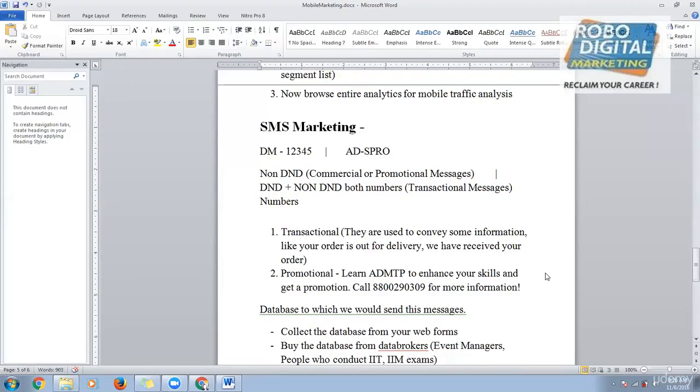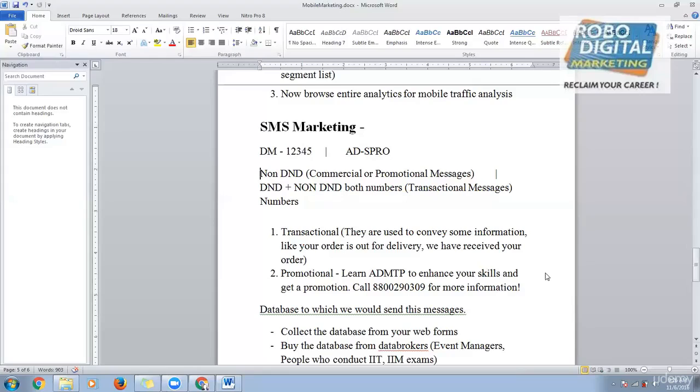You deposit money, you receive an SMS from your bank that somebody has deposited this amount of money into your account, or withdrew this much from your account. So these are notification messages, known as transactional messages, which happen due to some action taken by you.